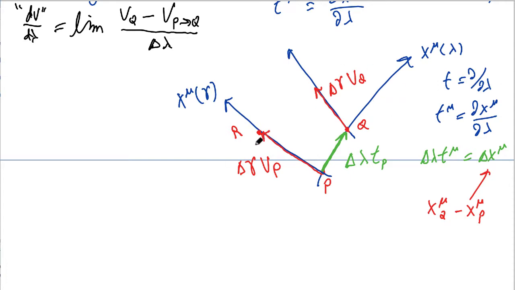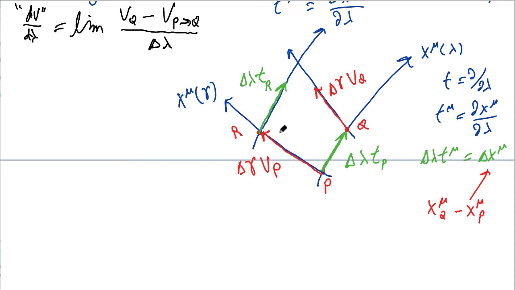So in particular, I have a flow line that passes through this point R. Okay, and parameterized by lambda, I can then construct this displacement vector which is delta lambda times t at point R.